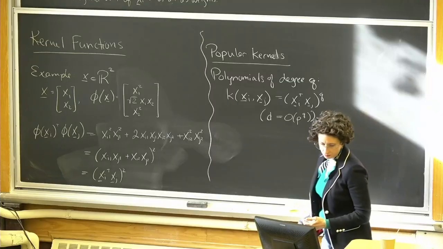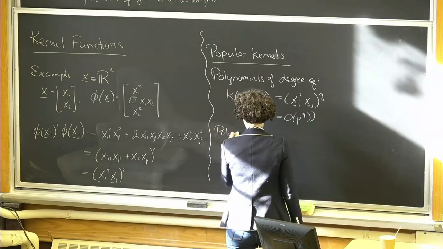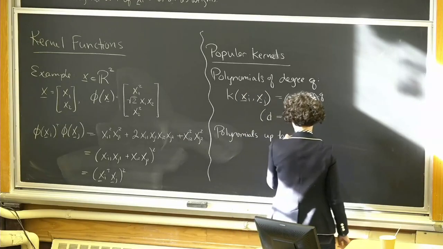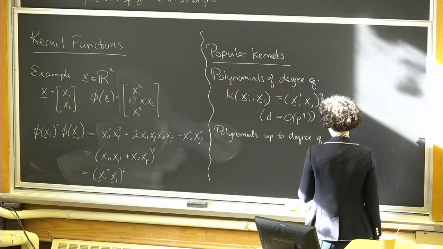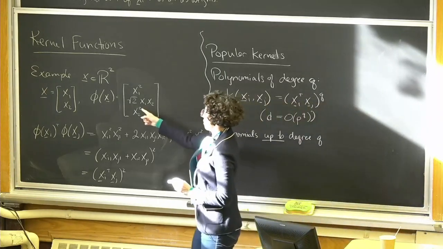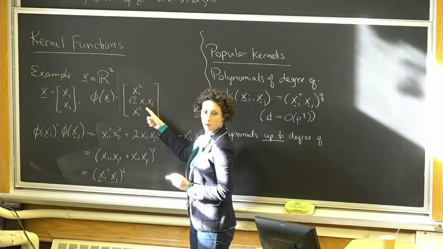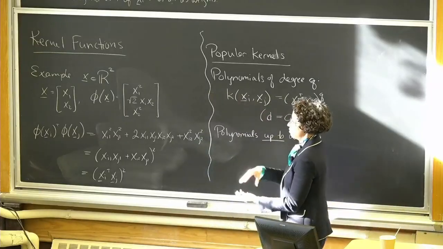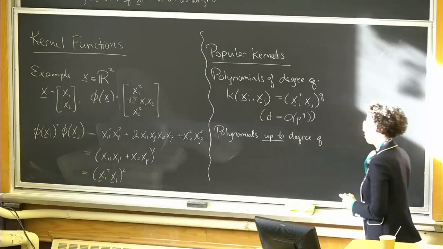Another thing that we see is polynomials up to degree q. If we think about what we did over here, every expression in this vector was exactly quadratic, right? But you could imagine saying, well, I want all the quadratic monomials, but I also want the linear ones, and I also want 0th order.